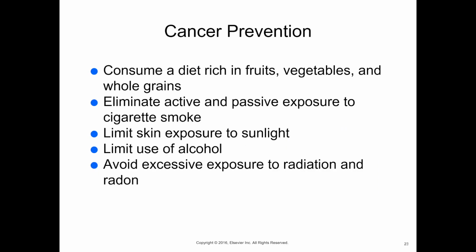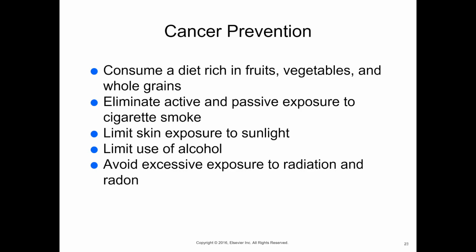Cancer prevention, realistically, it's tough, right? You want to consume a well-rounded diet. Avoid exposure to cigarette smoke, and not just cigarette smoke, but other types of smoke, right? This could be vaping. It could be marijuana smoke. It could be smoke that comes out of the coal power plant down the street from you.